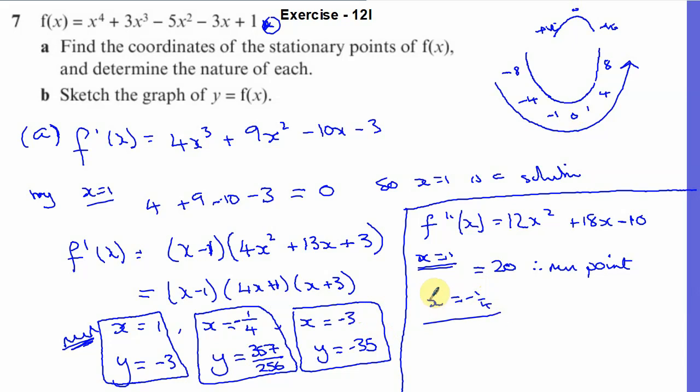If I check x is minus a quarter, I am going to get minus 13.75, so that's a max point. So I'm going to write that on there as well, max. And then I'm going to check my final one, so x equals minus 3, and I'm going to get 44. So therefore, a min point.